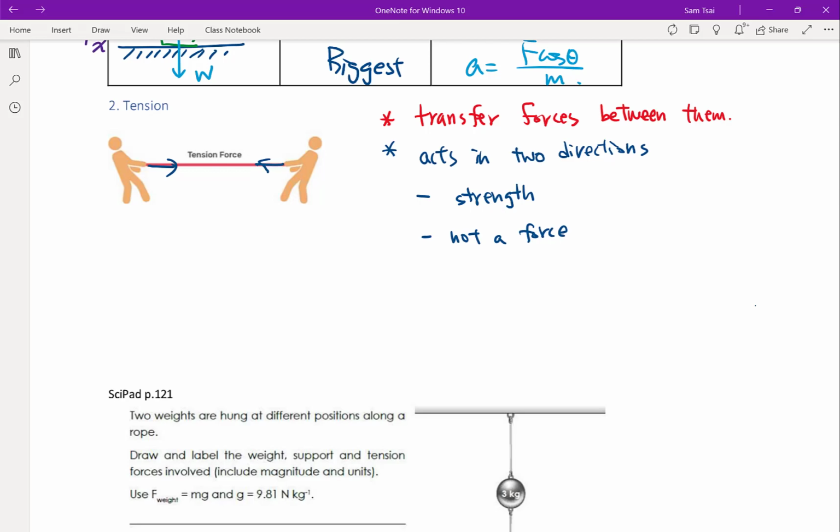The difference between strength and force is that strength is a scalar. Because it has two directions, there's no single direction for the tension. So it cannot be considered as a force, because force is a vector and should have a single direction.